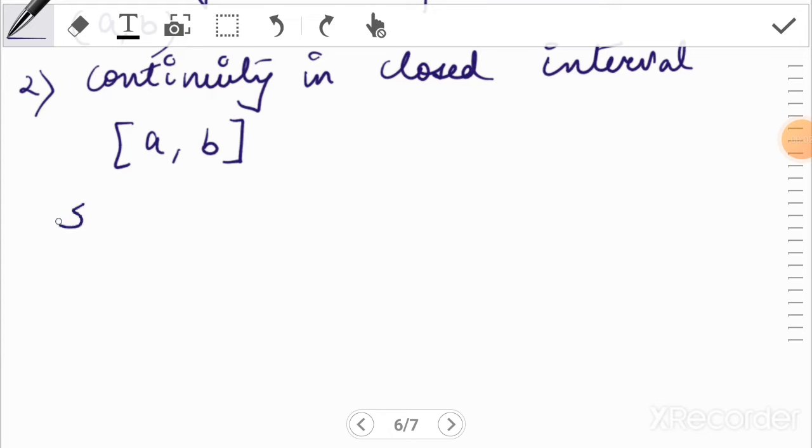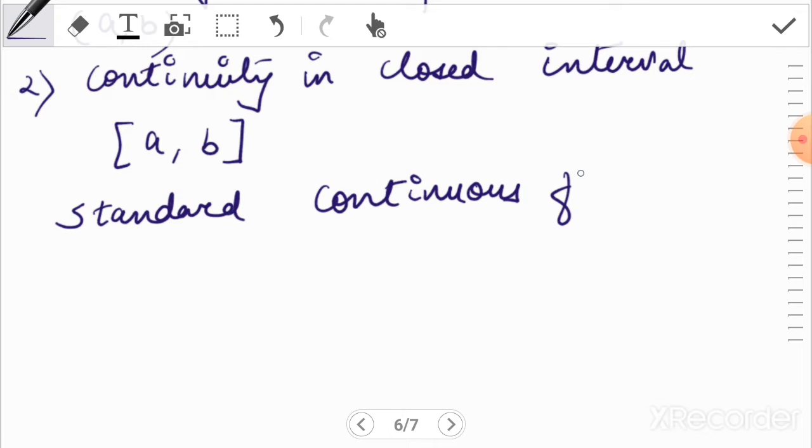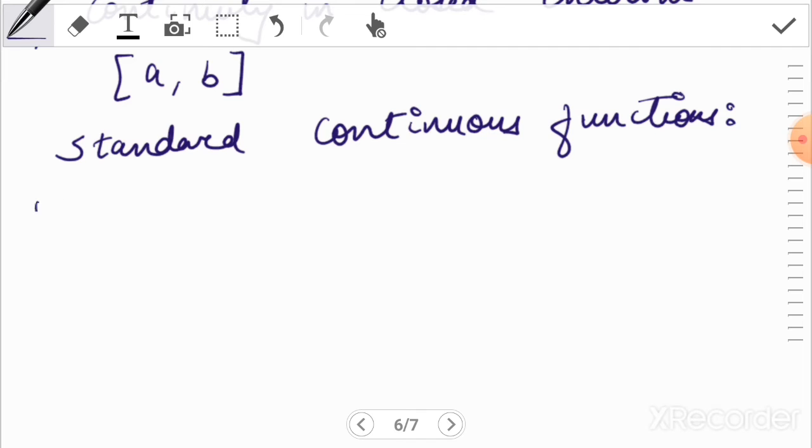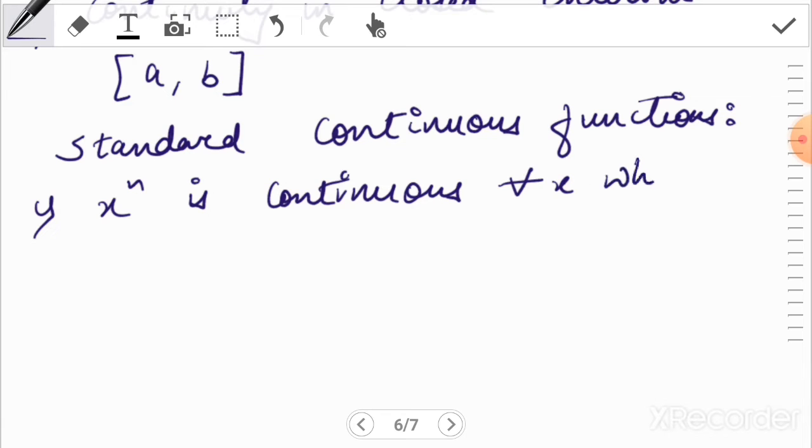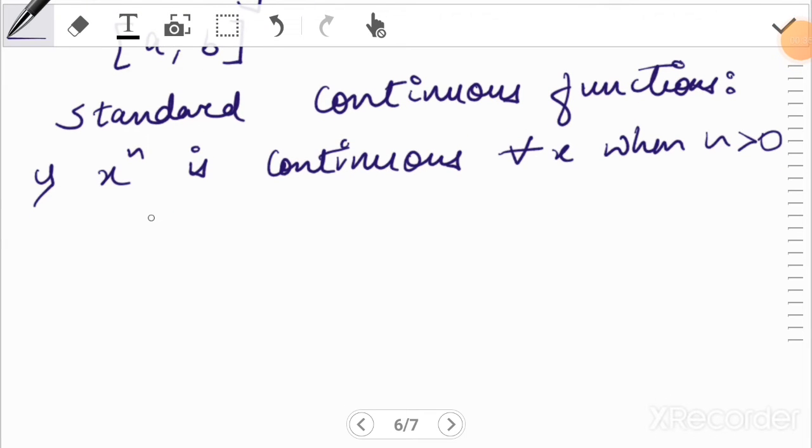Next are a few standard continuous functions. First, x to the power n is continuous for all x when n is greater than 0, for example x square, x raised to the power 3, x raised to the power 2 by 3, 3 by 2.